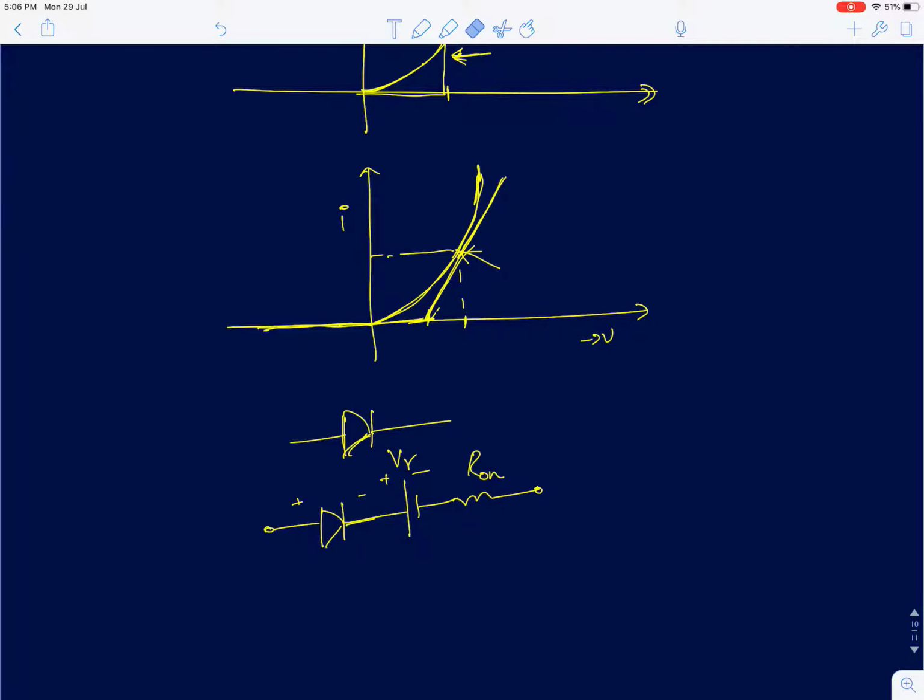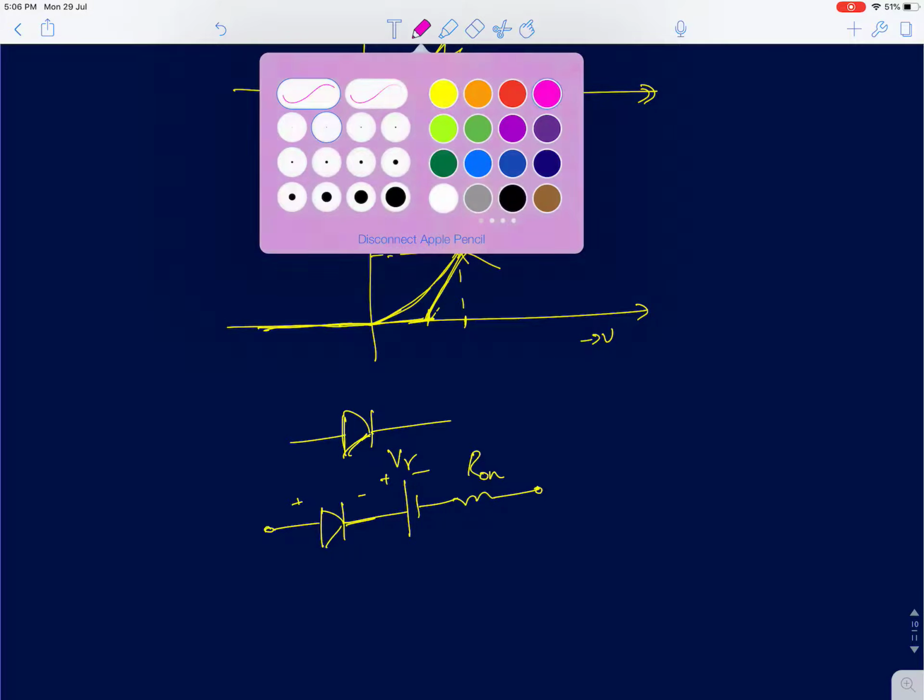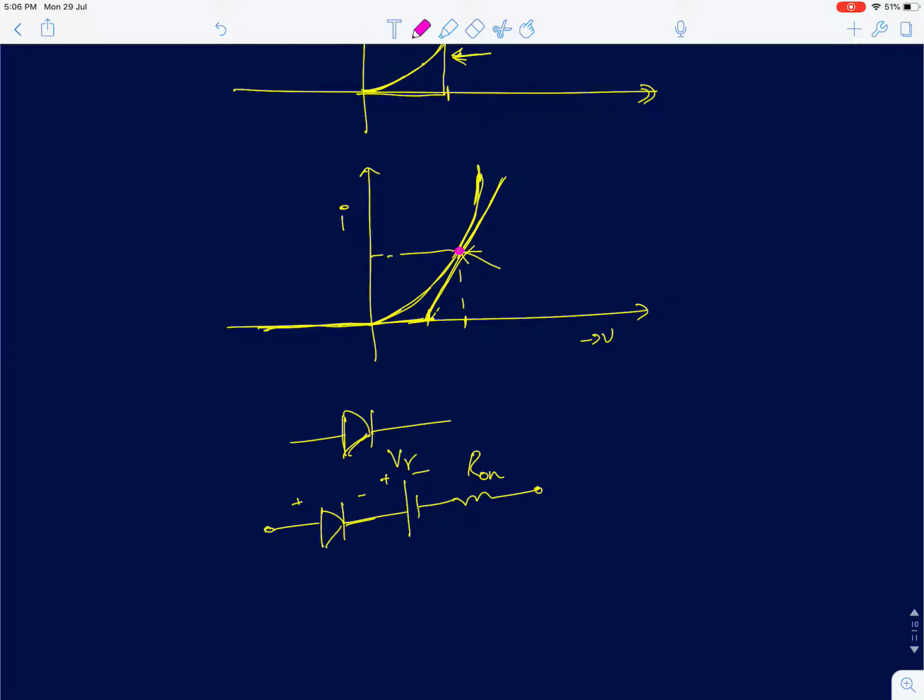In the same way we can find a quiescent point for a diode around which you are going to operate this diode. In this region the model is going to be accurate. You can approximate it as a straight line in this region. As I said, it's only an approximation. So all you need to do is find the slope of the curve in this region, so di by dv, and the inverse of it will be your R on.